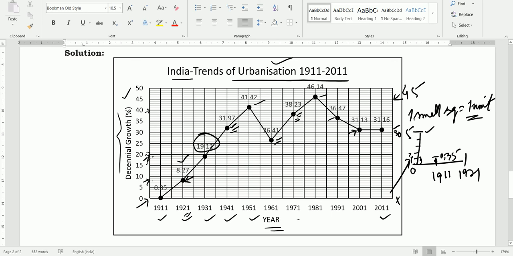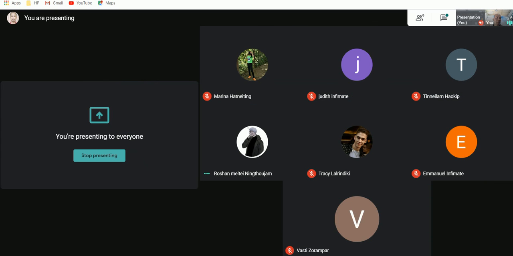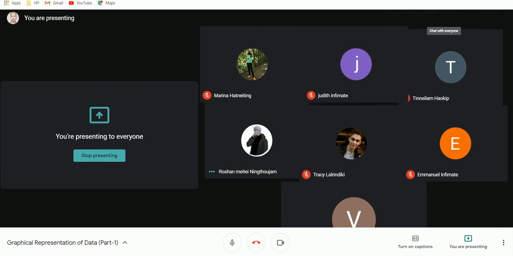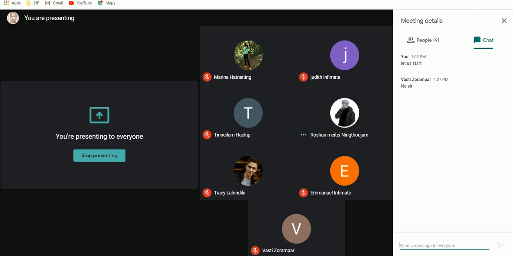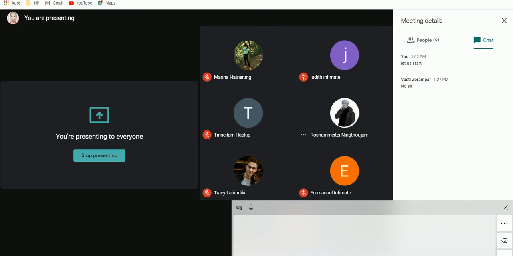If you don't collect it, then you can draw on plain paper also. Plain paper, I mean one side of your notebook is lined, and the other side is blank. On the blank side, you can draw it after making the proper scale, or you can buy graph paper from the market.